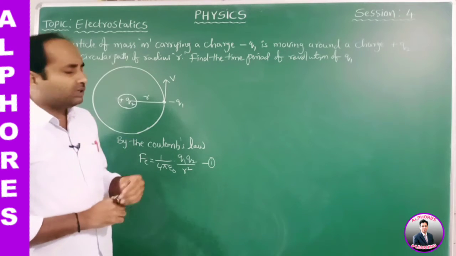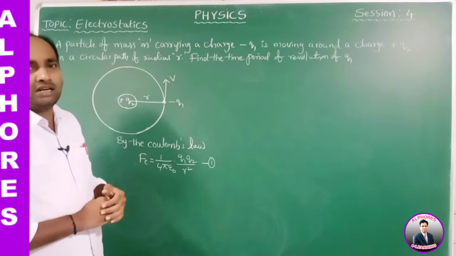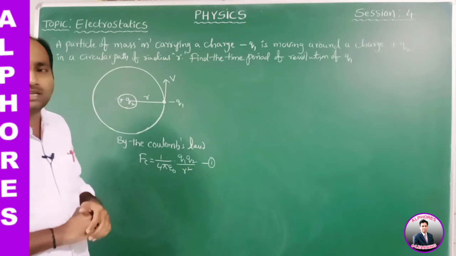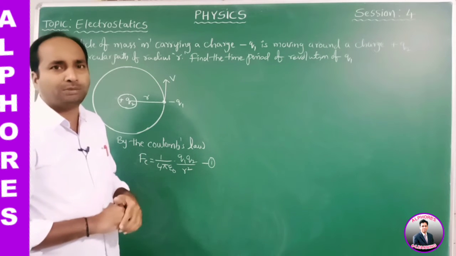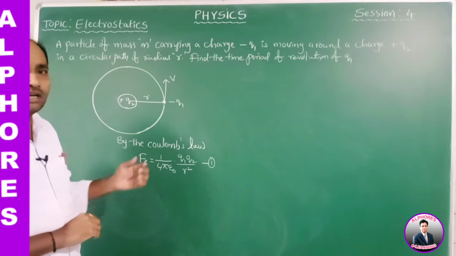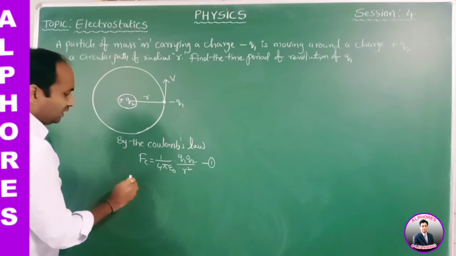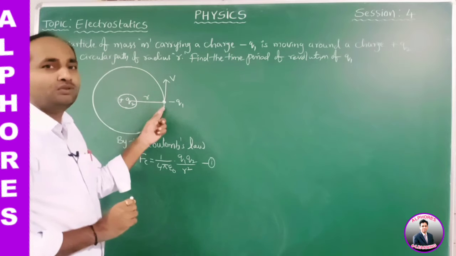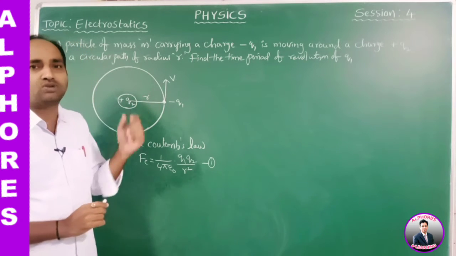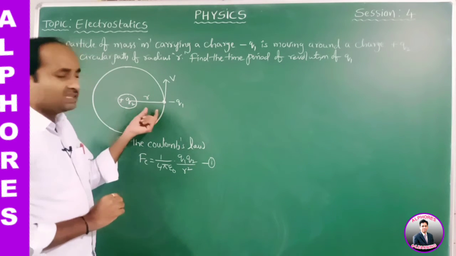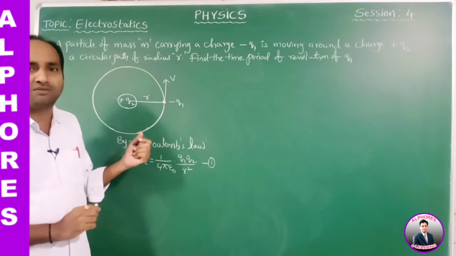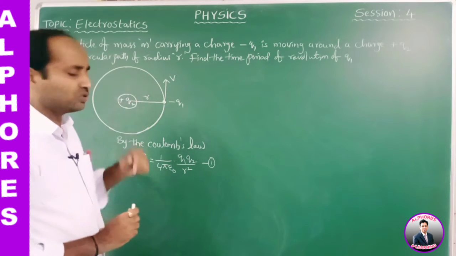And we know that a particle revolving in a circular path is due to the centripetal force, which we studied in the first year topic. So here the necessary centripetal force is provided by the electrostatic force.